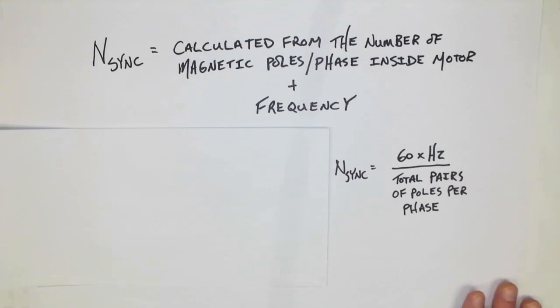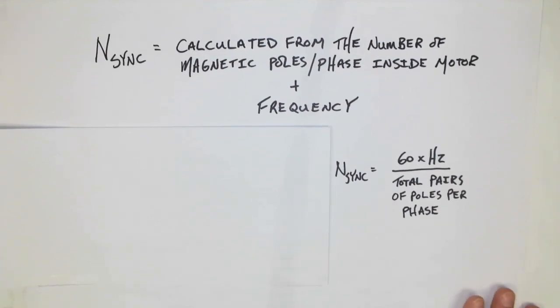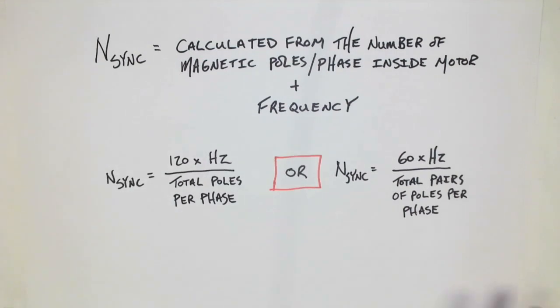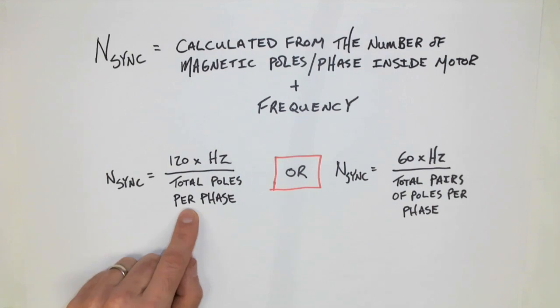Now, there is a second equation, and I show it simply because some people will see this equation in different areas, different textbooks, from their friend, who knows. Notice how similar they are, and also notice the one difference. This one is counting the total poles per phase that are inside the stator. And don't worry, we're going to take a look at what those poles actually look like and how they're arranged.